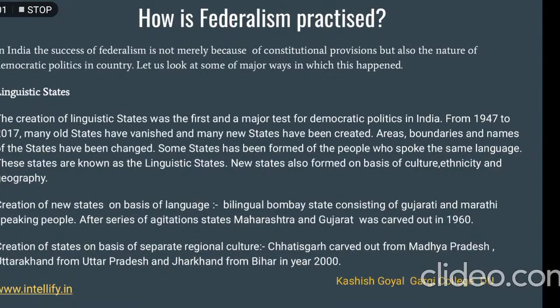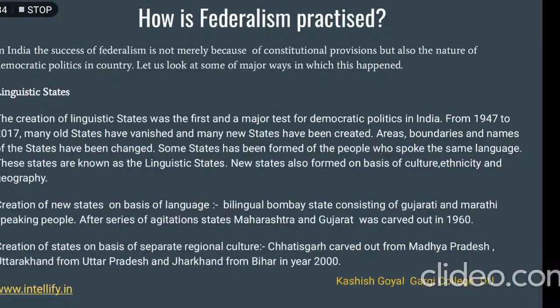So language became a very important marker to demarcate the states. India has a long history where some states have vanished, many new states have been created, and areas, boundaries and names of the states have been changed. Not only language was the basis of demarcating states, but there were many other features as well. They were on the basis of culture, ethnicity, geography, etc.